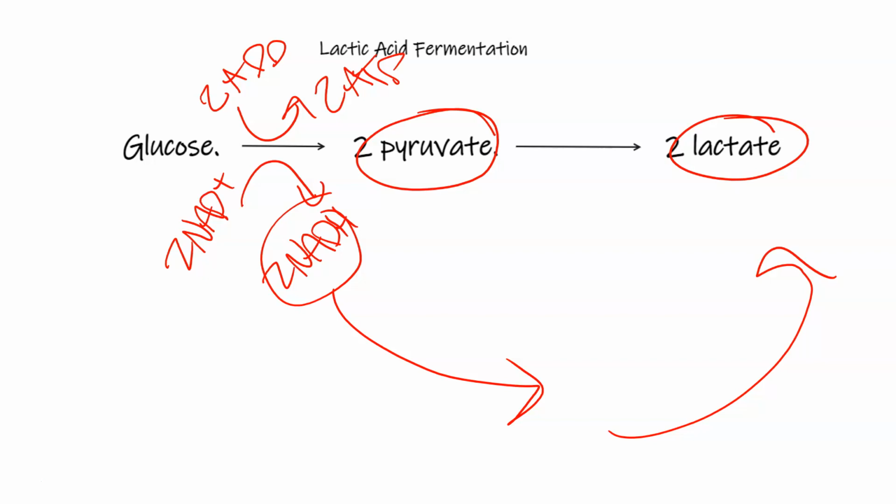So we've got pyruvate, and pyruvate can act as that electron acceptor. Pyruvate is a 3-carbon molecule. It looks like this. And it is ready to accept that hydrogen. And once it does, it will become lactate, which looks like this.